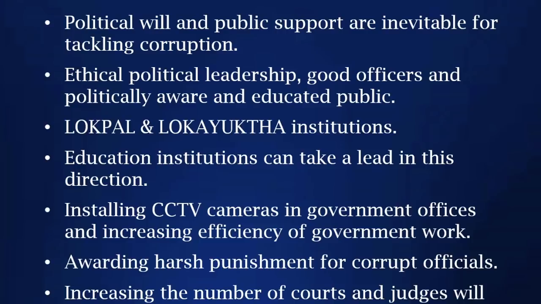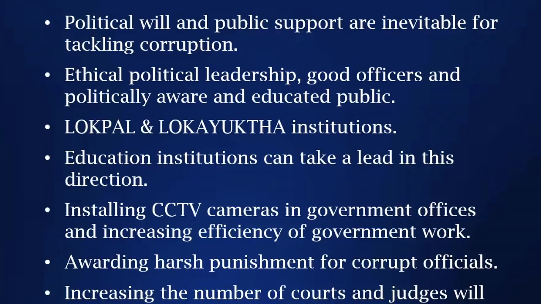Corruption is such a huge social evil that it has to be curtailed, it has to be curbed. So, what are the measures that can be taken to curb or bring down the level of corruption? Many measures have been suggested. Among them, political will and public support are inevitable for tackling corruption.